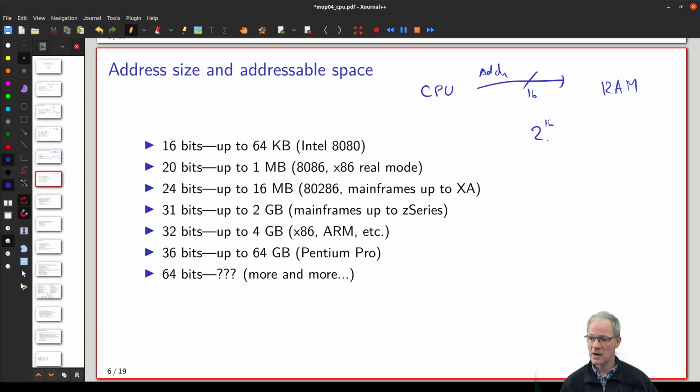The answer is 2 to the power of 16. You could imagine it's like a table with indices, and all of those indices are the addresses. Which means there are altogether 2 to the power of 16 rows in this table, and each cell of the table holds 1 byte. That's our memory, more or less.